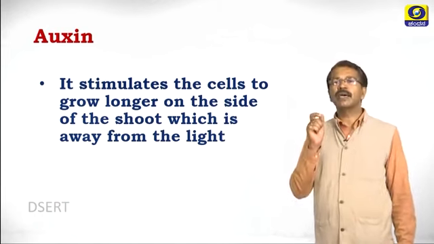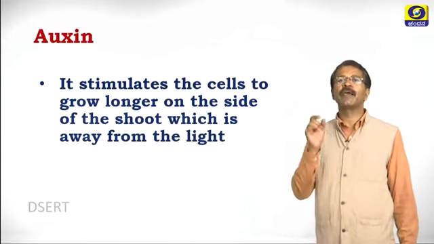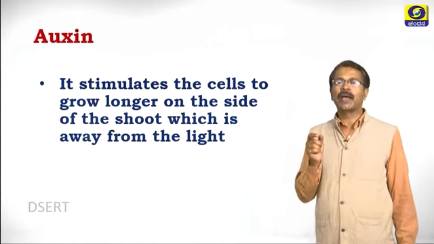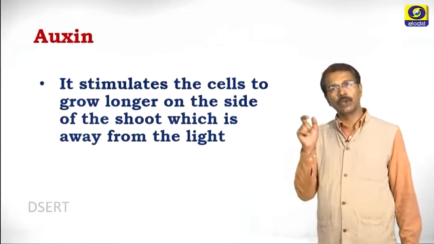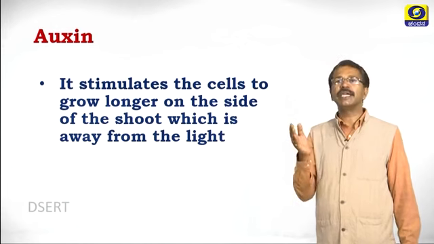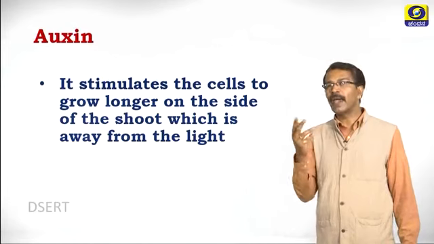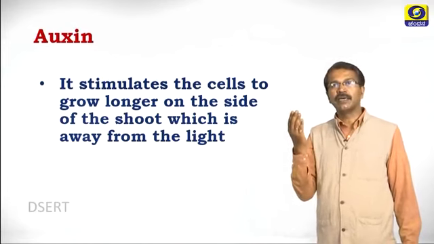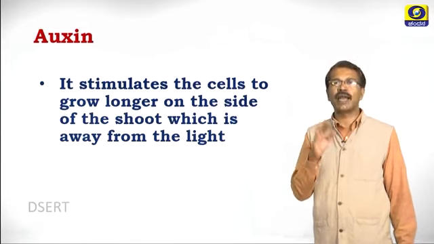But here the important phenomenon which we have to focus on is that auxin is present in the shoot tip, and it makes the cell grow longer, by which it wants to move away from the sunlight. They may ask a question. See, the auxin which is present in the shoot tip wants to move away from the light.